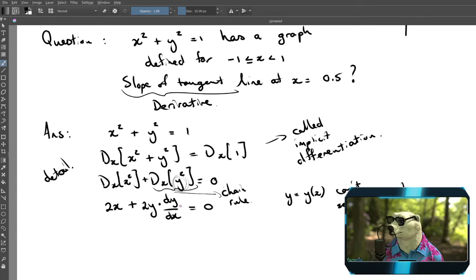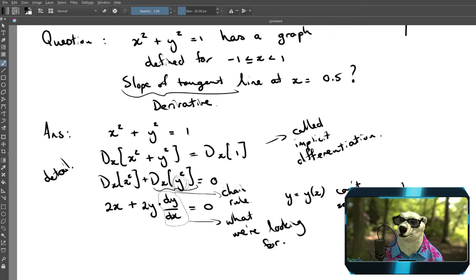The goal is to find this. So it makes total sense that I don't know it. This is what we're looking for. So it totally makes sense that I don't know what it is. I'm trying to find it.